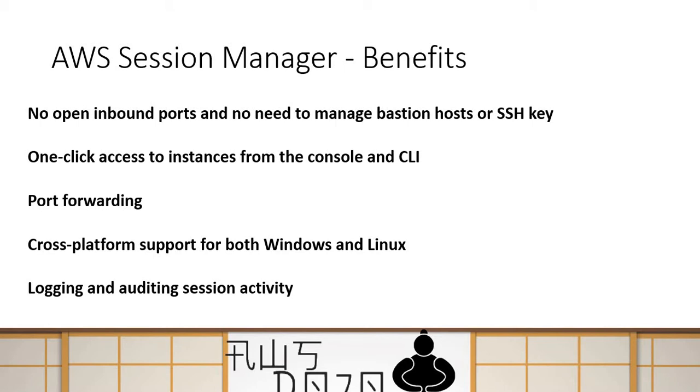The third one is port forwarding, which is very much related to point number one we discussed earlier. And this is the one we are going to take as an example in today's exercise. Suppose you want to access your EC2 instance over the RDP port, or over, say, HTTP port 80. In that case, you don't need to configure any security group with inbound rules to connect to the EC2 instance.